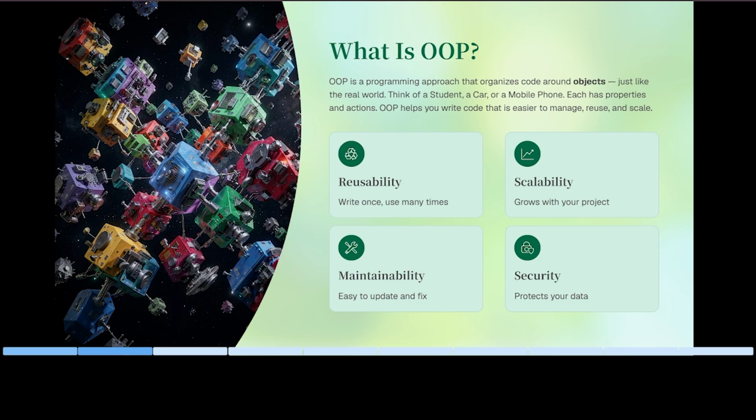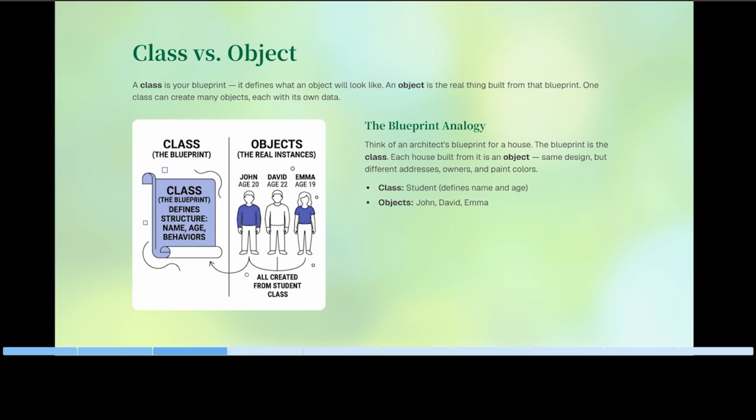Then we are going to see classes versus objects. So what is a class? A class is like a blueprint, okay? An object is the actual thing. That means the real thing that is created from the blueprint. For example, think about a house, okay? Before building a house, an architect creates a blueprint, okay?